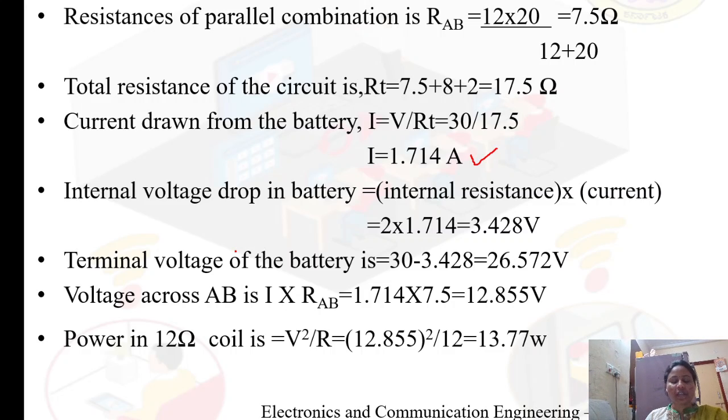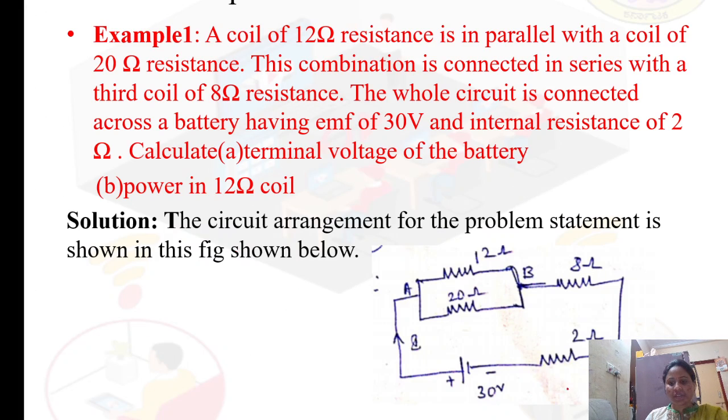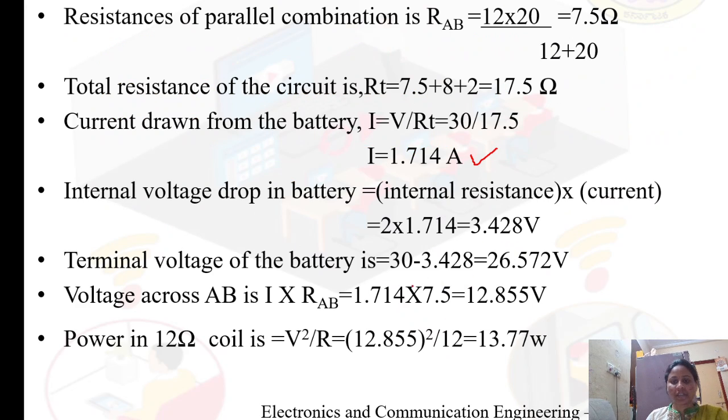Now we can easily find the voltage drop in 2 ohm resistance. Voltage drop across the 2 ohm resistance can be calculated as current into this 2 ohm, that is, internal resistance into current.